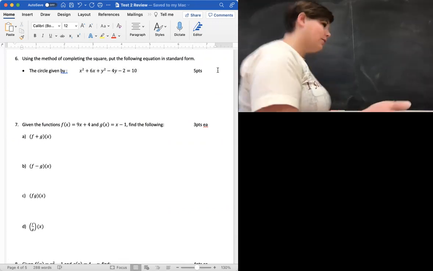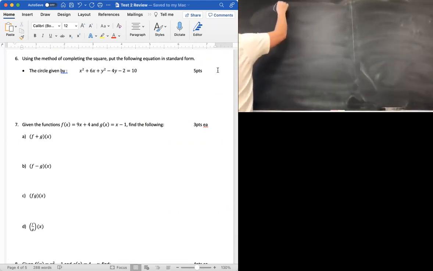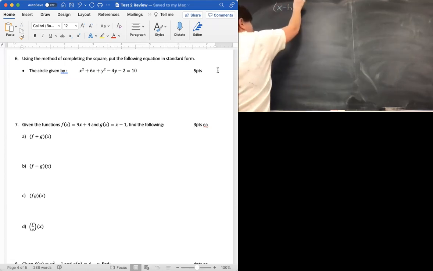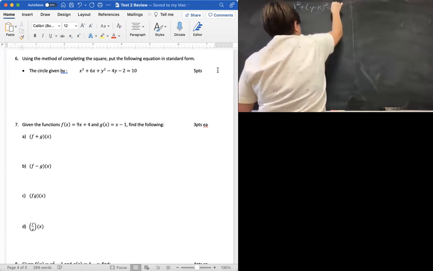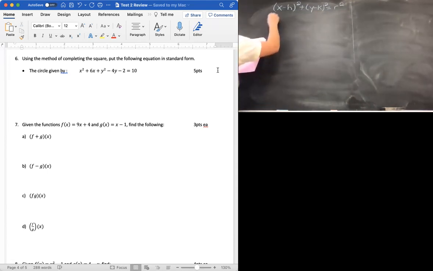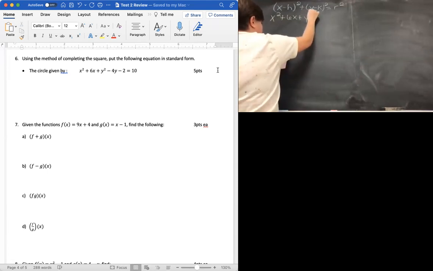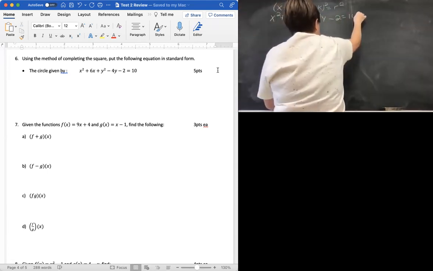Standard form is what we had earlier: x minus h squared plus y minus k squared equals r squared. That's what we're trying to get to, but that's not what we're given. We're given x squared plus 6x plus y squared minus 4y minus 2 equals 10.